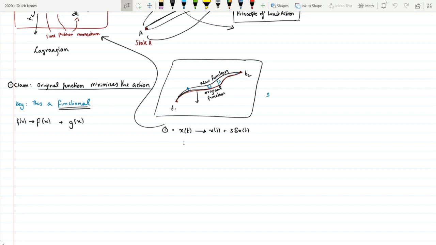S can't be proportional to x. S has to be proportional to a function. Why? Because if I move in this direction, this new line isn't a line anymore, it's a function. Every curve on my space here is a different function. This is f of x, this is g of x, this is h of x. Is this clear to everyone? So do you understand why I've written this? I've said, well, my new function is the old function plus a kick times I'm describing it as a function. Is this clear?